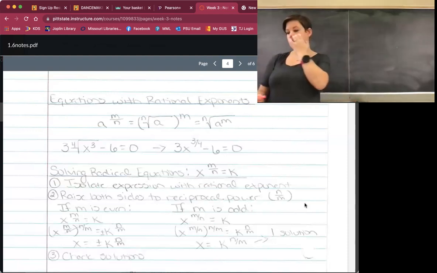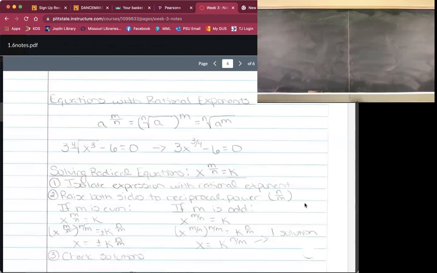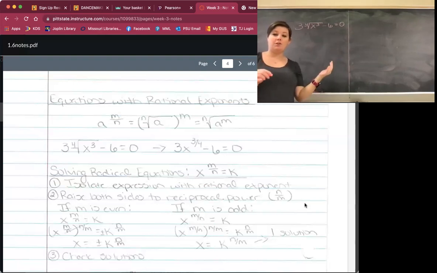Okay, we're going to do that example that's on the screen: 3 times the fourth root of x to the third, minus 6, equals 0. This is the problem we're going to solve. The first step would be to convert this over into the rational exponents, or you can isolate it first.